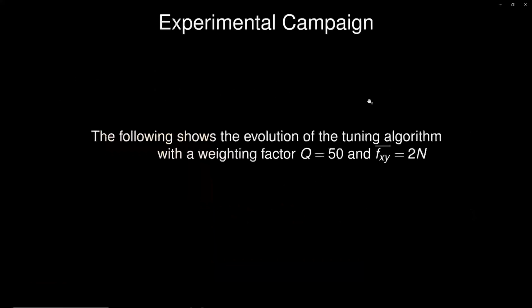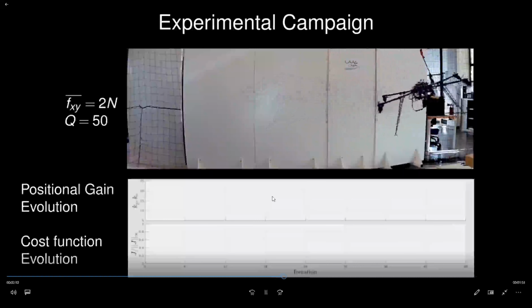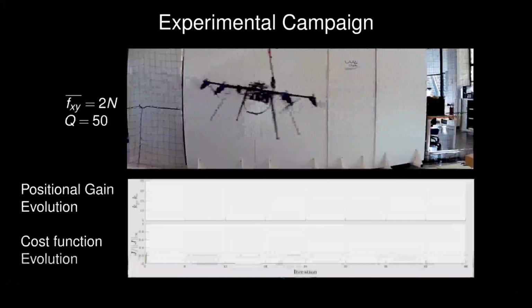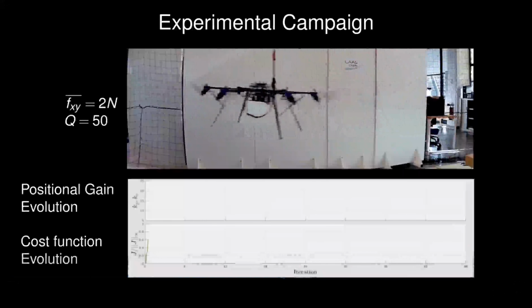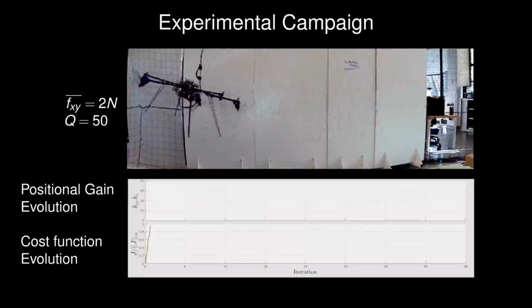In the following slides, the evolution of the tuning algorithm is shown for a given lateral force bound and the angle contribution weight. During the experiments, we see that for a given reference primitive, the cost function shown below increases and the error accumulates underway.